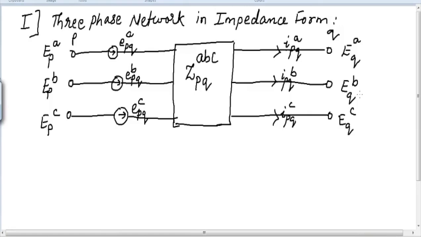Sometimes the three phase network is represented diagrammatically in terms of the impedance form. Now we will write the mathematical form. We will see how the impedance form is written in mathematical form. So in the form of matrix, let us write this. In the form of matrix, we will write in this way.